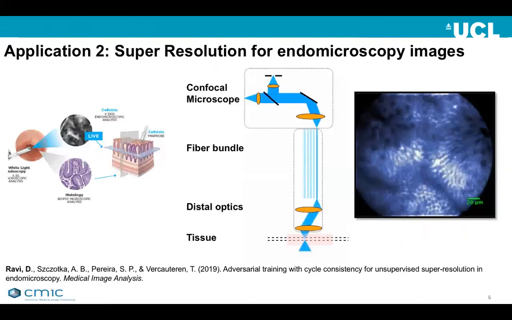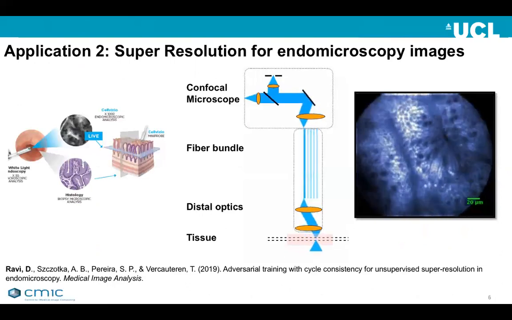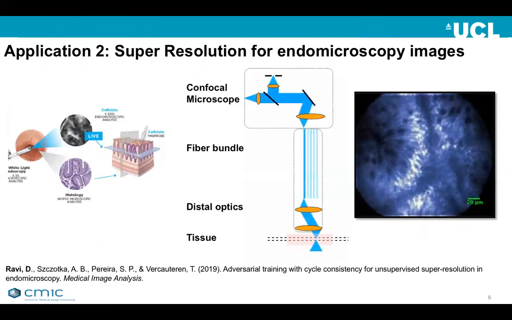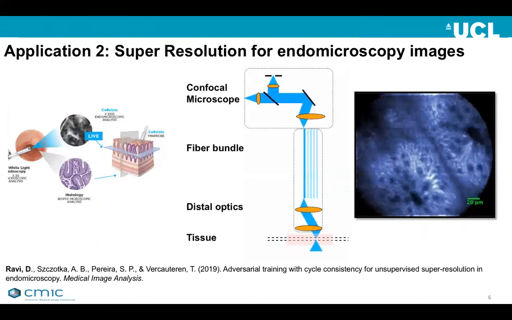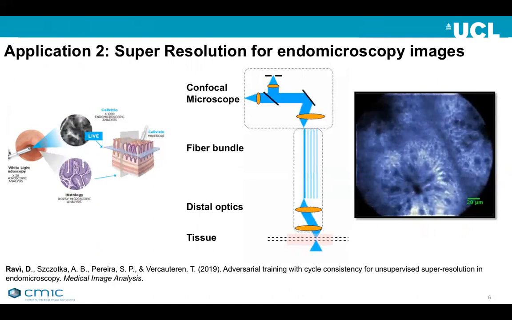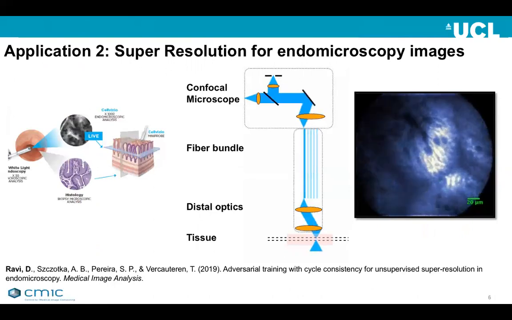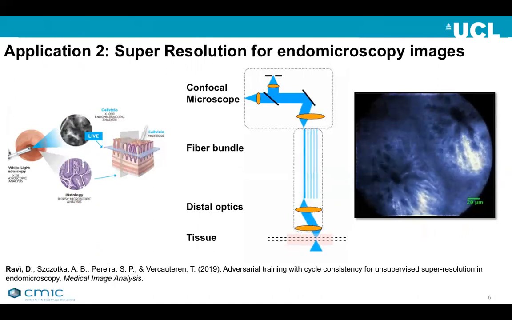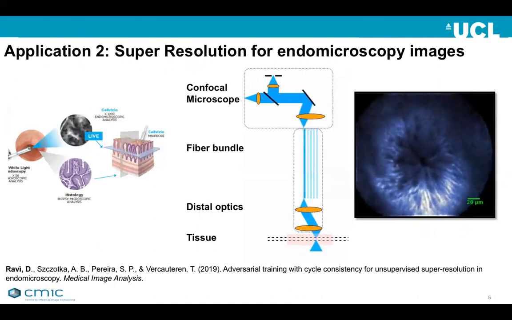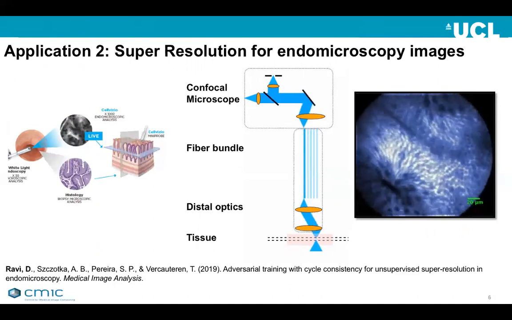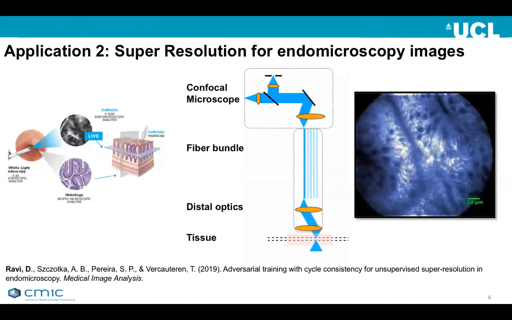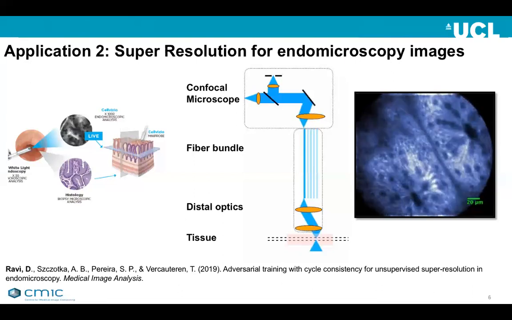The second field where, again, we used deep learning was for performing super resolution in endomicroscopy images. So endomicroscopy is an imaging device that works at a very small scale, and due to the physical constraints of how this device works, the images have a really low quality.